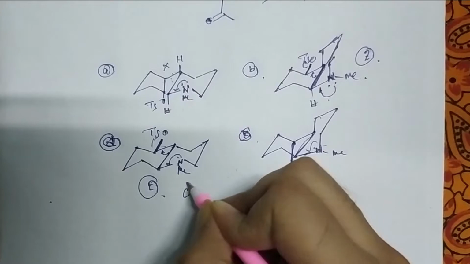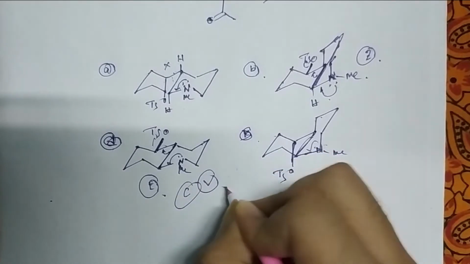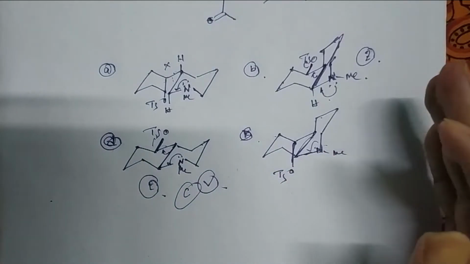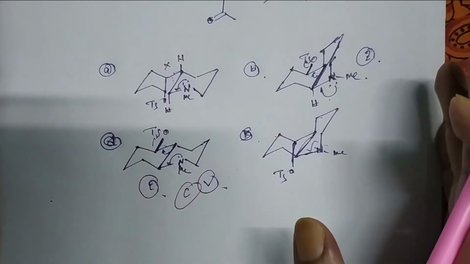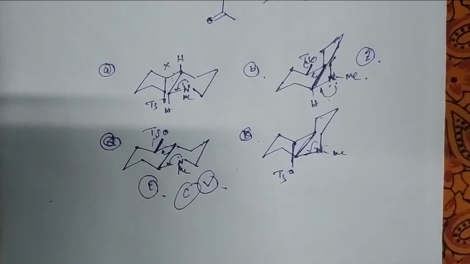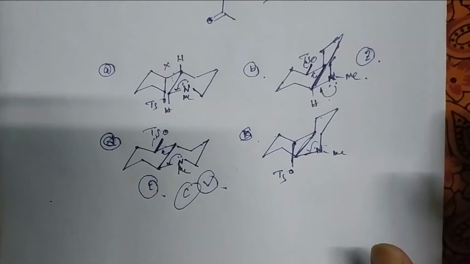So obviously C will be the right answer. So you just have to write the perfect structure of the 10-membered ring, which is fused at cis or trans, whatever junction there is. And then you have to find the perfect orientations for the elimination reaction.